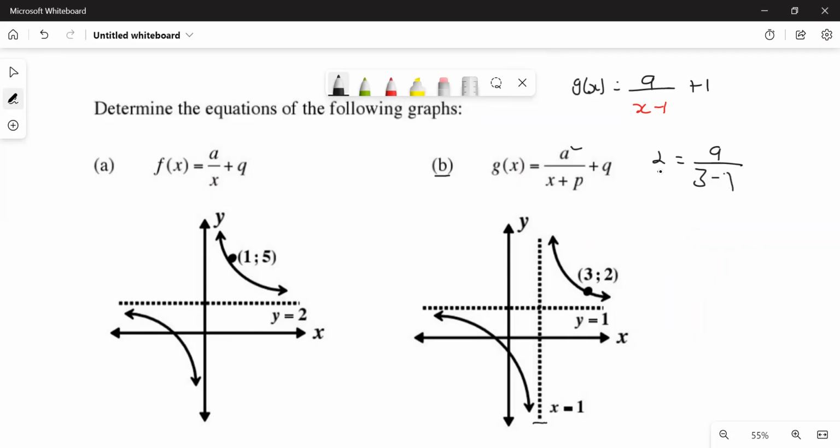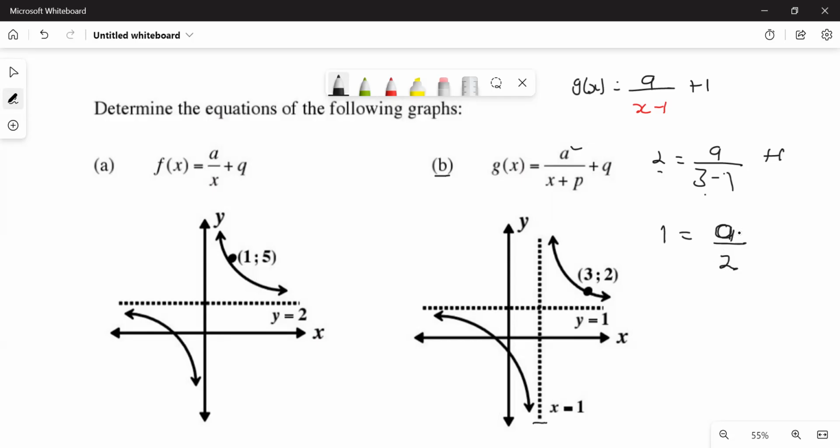Y is 2, and x is 3, plus 1. And then you can take this one to the other side, and you are going to have 1, which is equal to A all over 2.